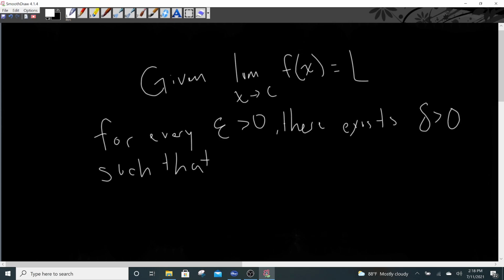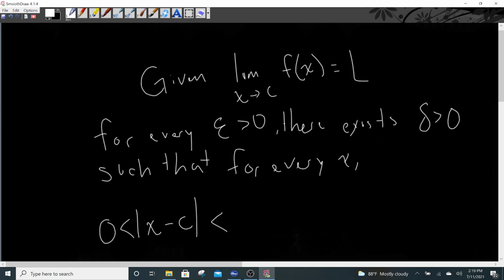for every x, I'm not going to make it too complicated. Let's just say that 0 is less than the absolute value of x minus c, which is less than delta.